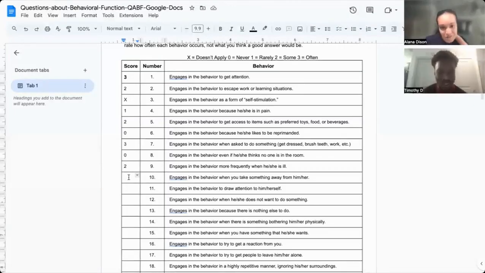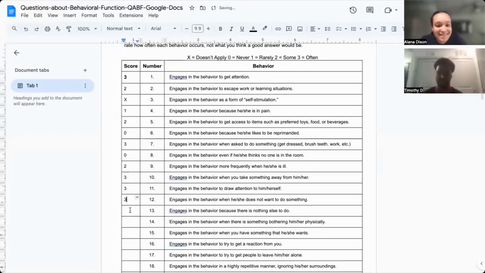Engages in the behavior when you take something away from him or her. 3. Engages in the behavior to draw attention to him or herself. 3. Engages in the behavior when he or she does not want to do something. 3.